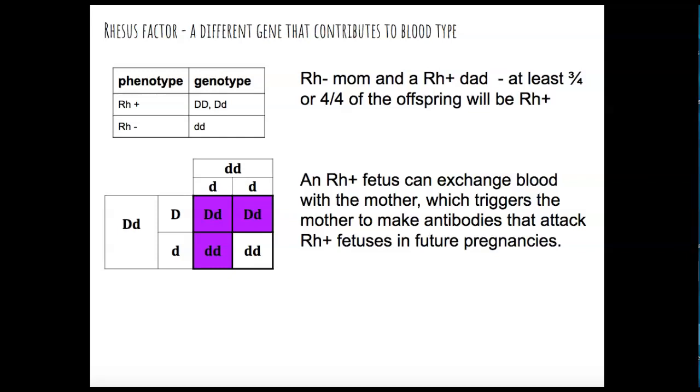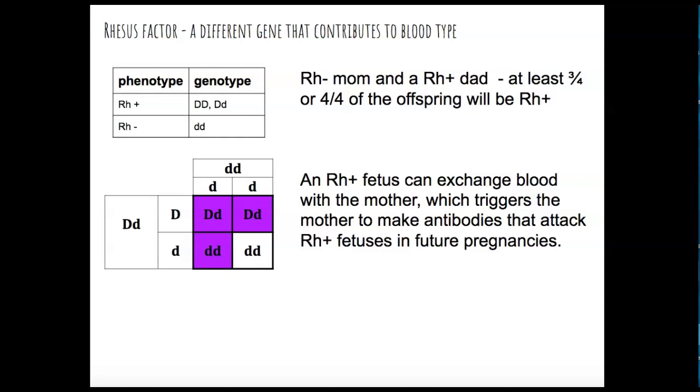So in this case, if we have a mom and a dad, the mom is negative for rhesus factor, so Rh negative, and dad is positive, so Rh positive. Dad's possible phenotype is either homozygous dominant, because being positive is the dominant trait, or he's heterozygous.